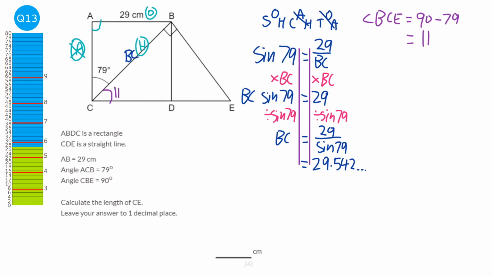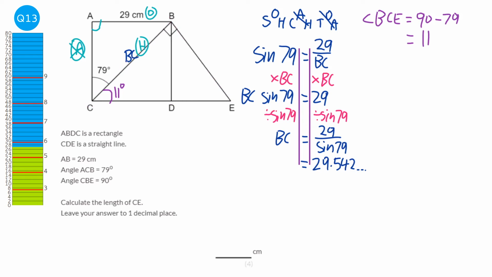So we know this is 11 degrees here, and we have enough information now to work out CE because we've got this triangle here, and we've got this length here, the BC, and we've got this angle here. So we've got enough information now.